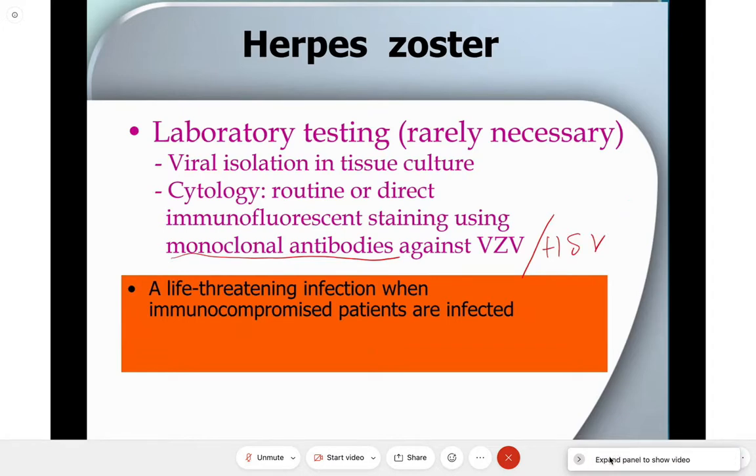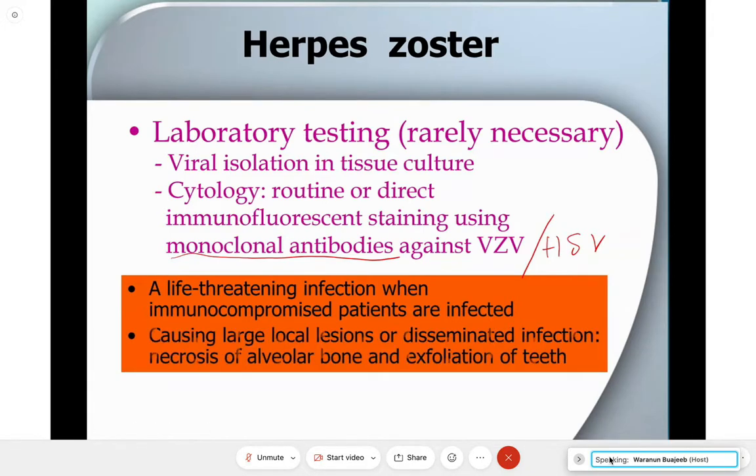And the most important is that herpes zoster can be a life-threatening infection when immunocompromised patients are infected. There are reports in the literature that herpes zoster can cause necrosis of alveolar bone and also exfoliation of teeth.